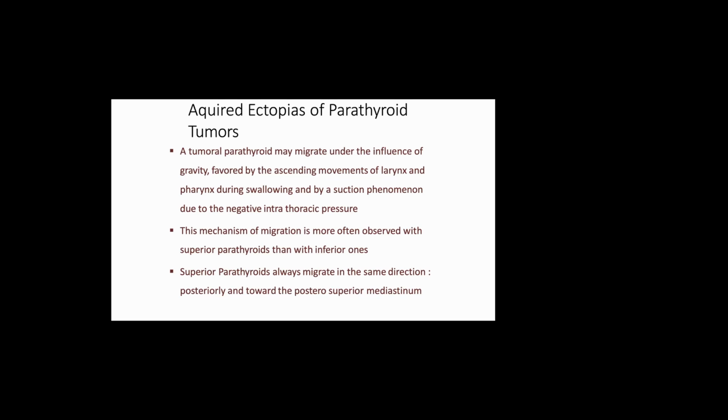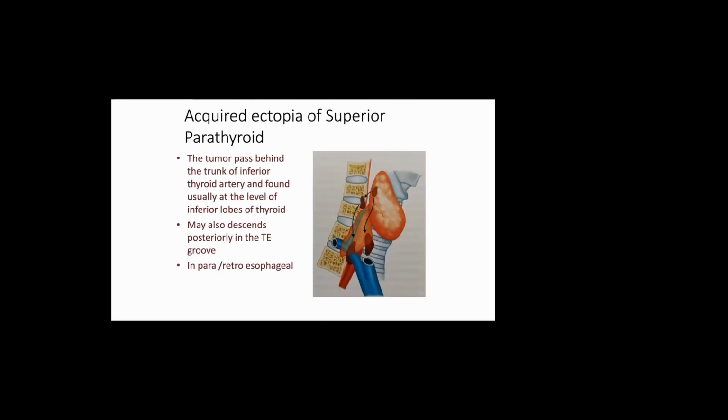This mechanism is more observed with superior parathyroids than inferior ones. Especially if superior parathyroids are in the retroesophageal location, they migrate into the posterior superior mediastinum. The inferior glands migrate into the anterior mediastinum. The superior ones go into the posterior mediastinum.